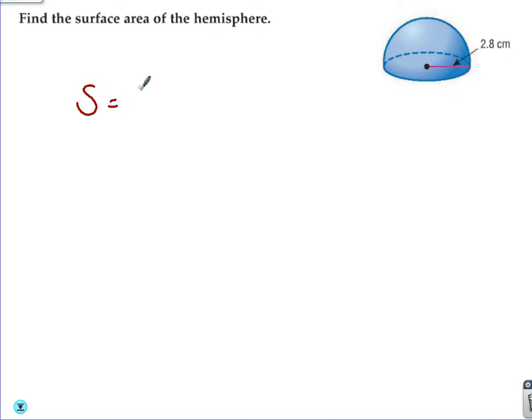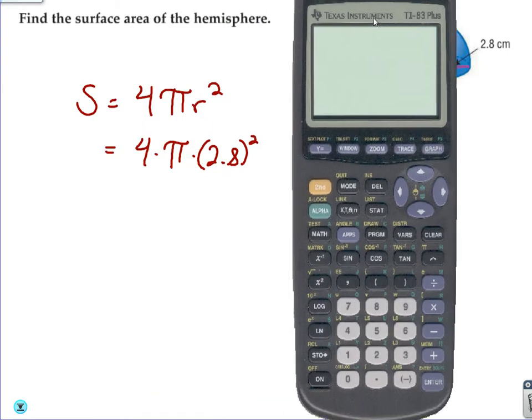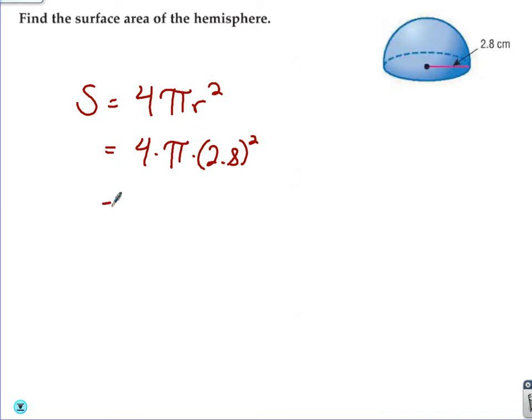The surface area of a whole sphere is 4 pi r squared, which would be 4 times pi times 2.8 squared. We'll work it together. We leave the pi in there, so our answer is exact. So I'm going to do 4 times 2.8 squared, and I get 31.36 pi.